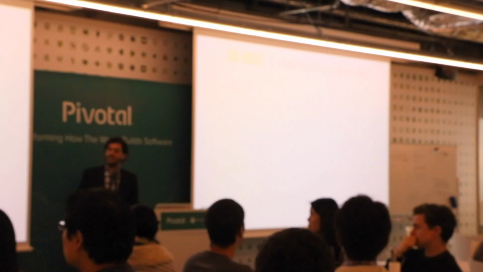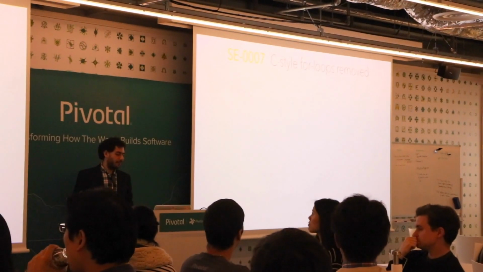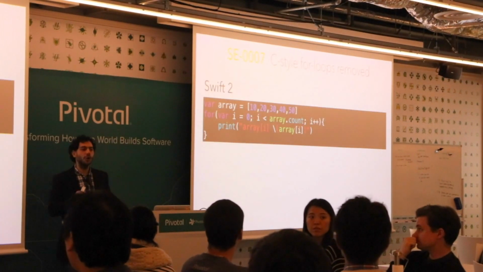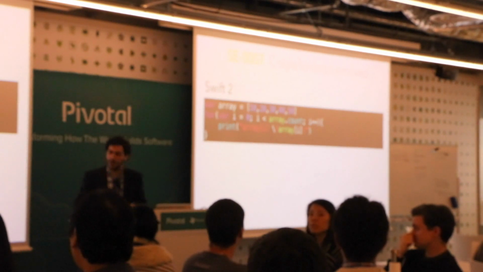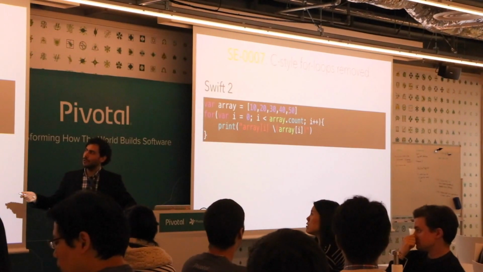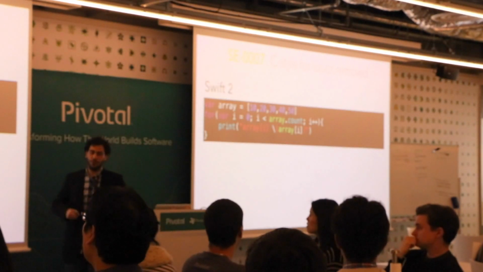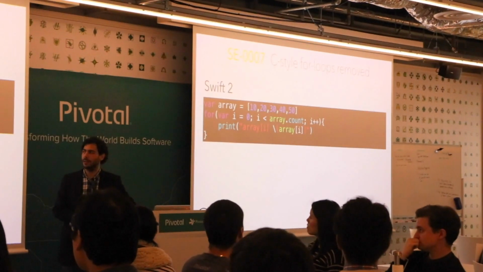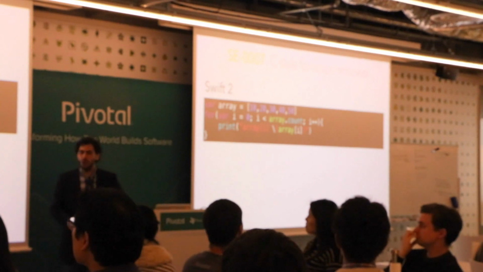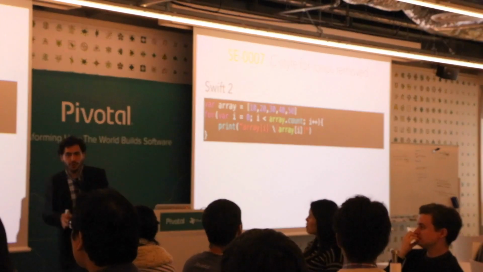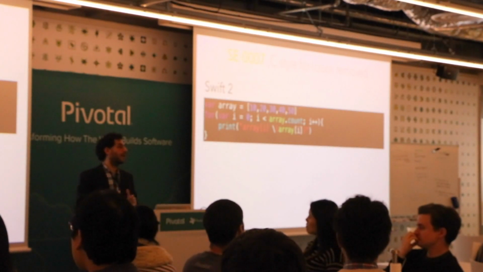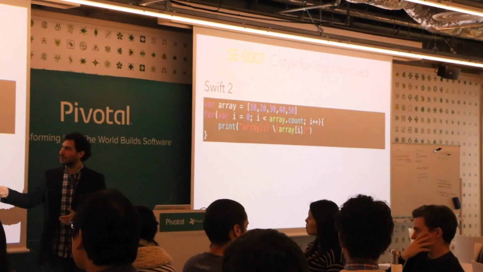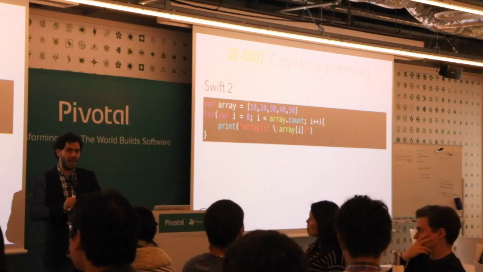Another one that's related to the minus minus and plus plus operators is that C-style for loops are gone in Swift 3. Swift 2 allowed you to do the typical for loop, the classic one that you know from any language. Now, if you're new to software engineering or coding, this does not look intuitive at all.